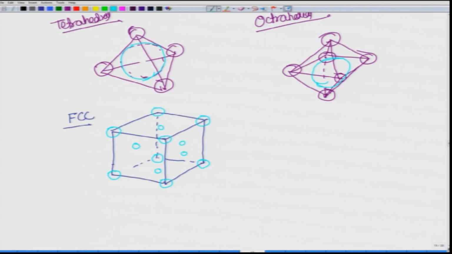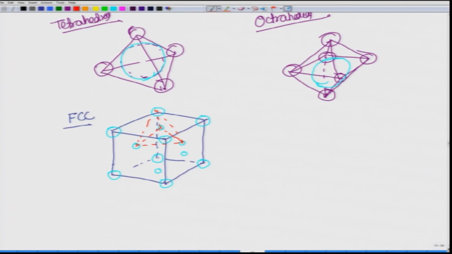So, where did I show you the tetrahedral? So, the tetrahedral was like, if you assume this and this face center and this corner. So, this is one tetrahedral in here.